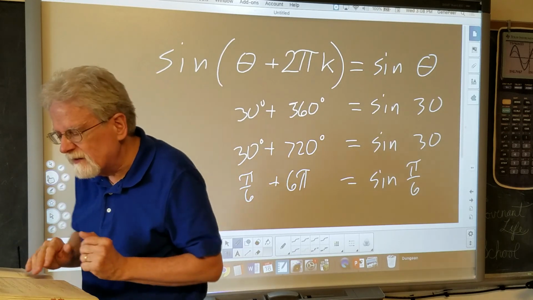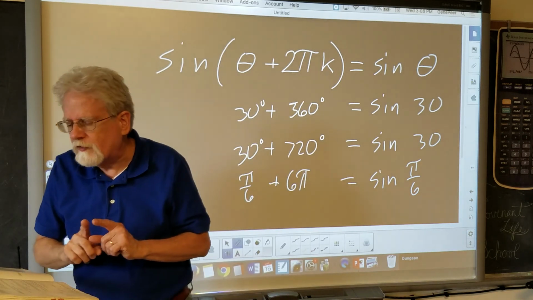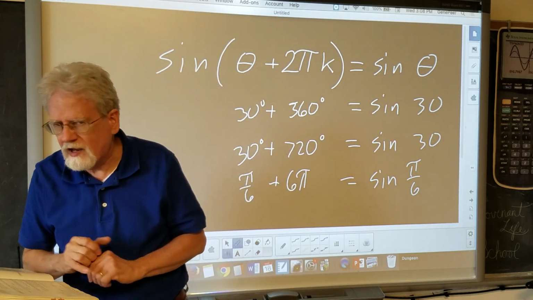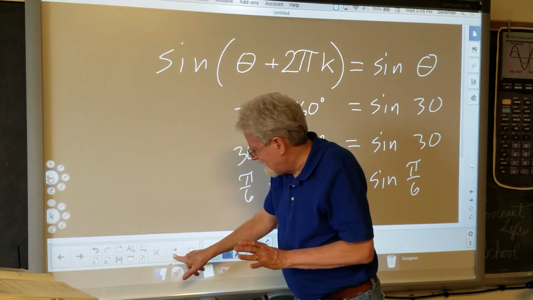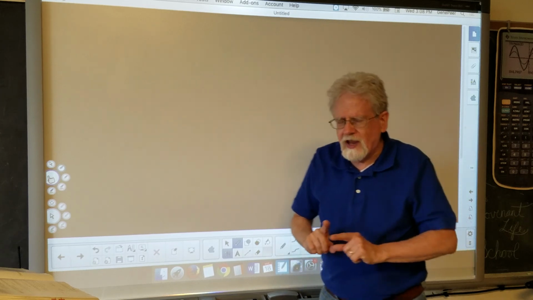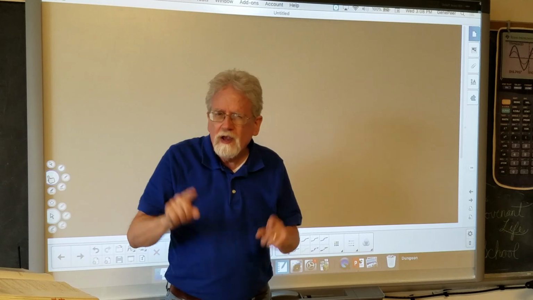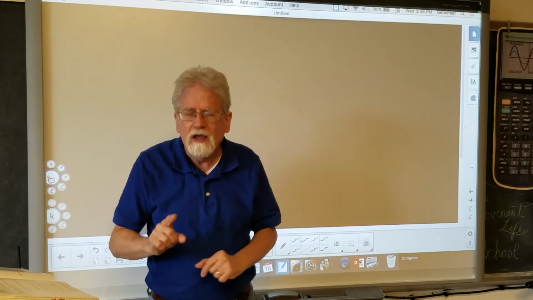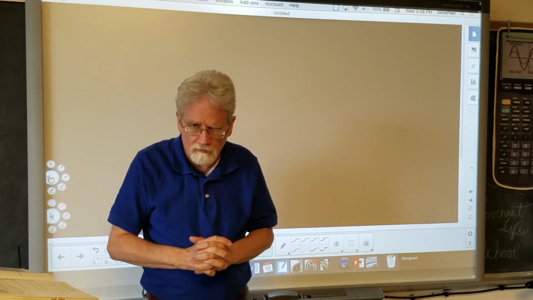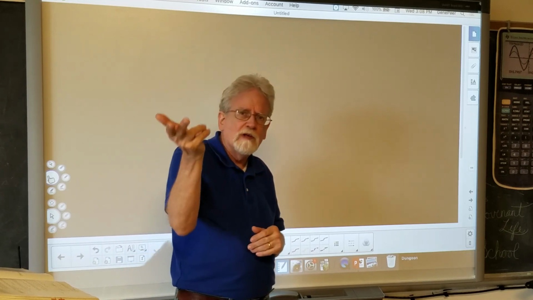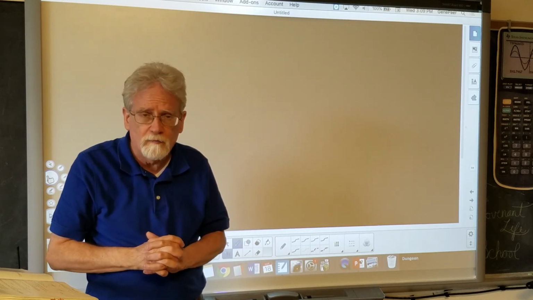Now, looking over page 376, there's the one function that's different, and that is tangent. Just to save some time and mental energy, tangent repeats itself not every 2 pi or every 360 degrees, but every 1 pi, or every 180 degrees. As we go around the circle, every time you go halfway around, you'll find the tangent value will repeat itself.